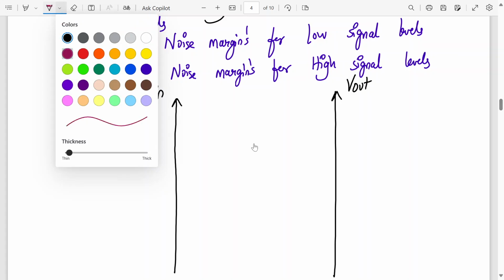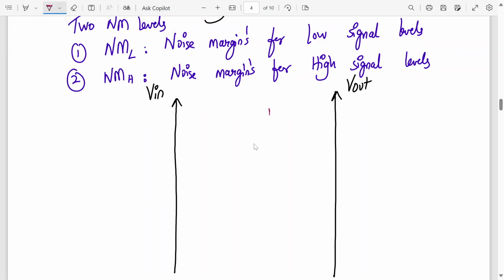This side we call VOH, and this range we call logic 1 output.